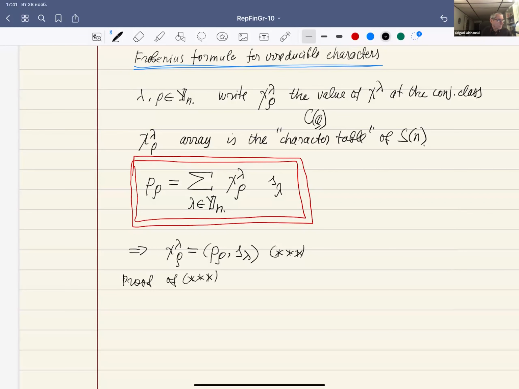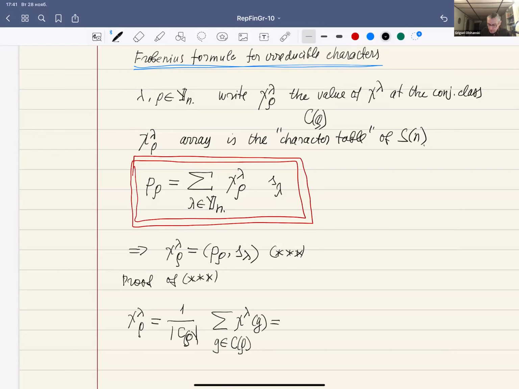It's very easy. Indeed, we have, just write it as follows. So this is a tautological identity.